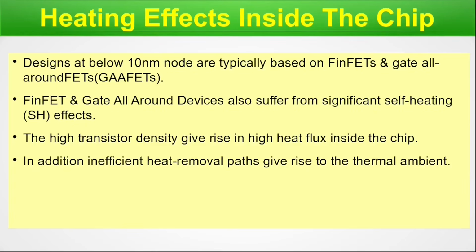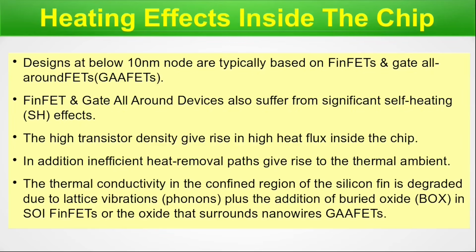In addition, inefficient heat removal paths give rise to the thermal ambient. I would like to mention one thing here. The chip may or may not have a heatsink or the fins that we usually see outside the CPU. However, whatever is getting conducted out may not be well connected to all of the paths where it is generating the heat. So this is the main theme of this line.